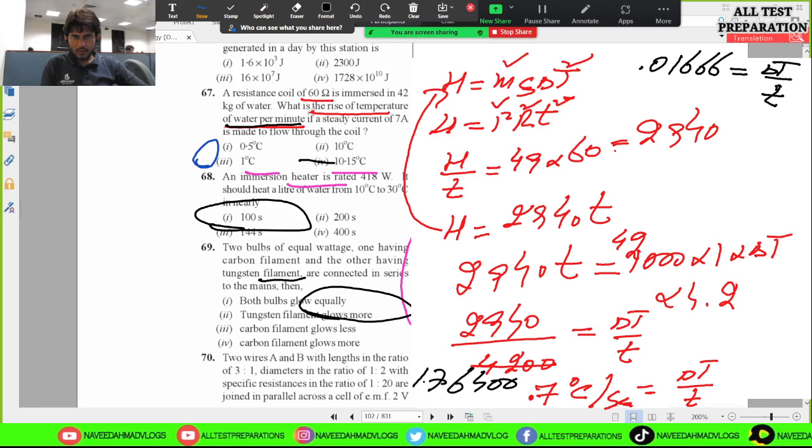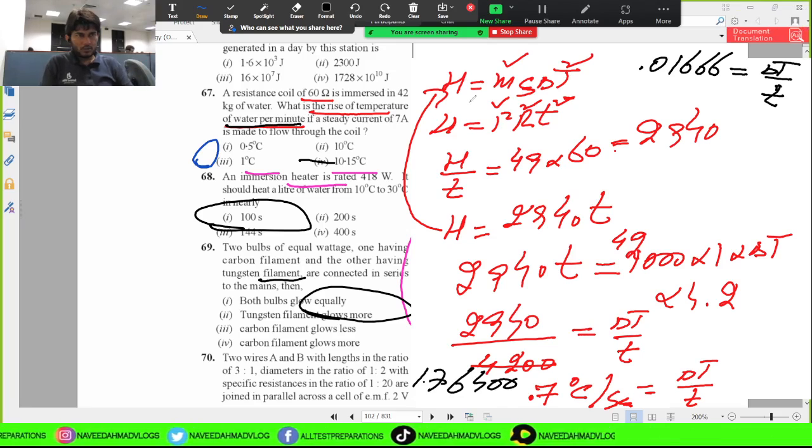Okay, we need to find the rise in temperature of the water per minute. So here this will be per second, so you need to convert this into minutes.